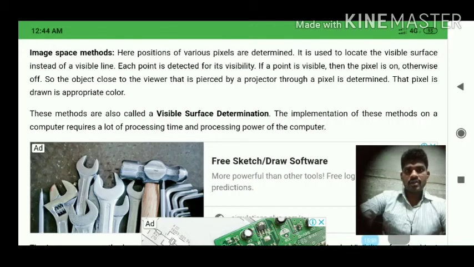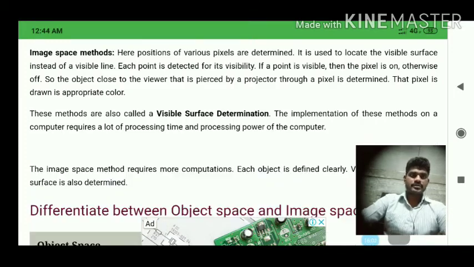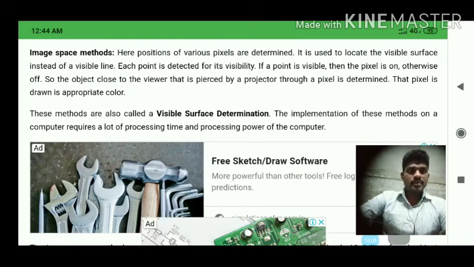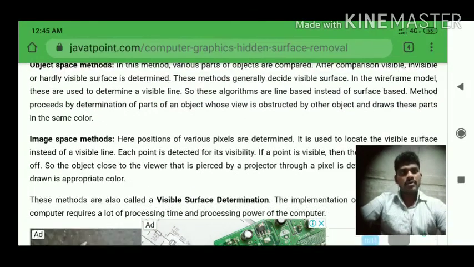That pixel is drawn in the appropriate color. These methods are also called visible surface determination. The implementation of these methods on a computer requires a lot of processing time and processing power of the computer.